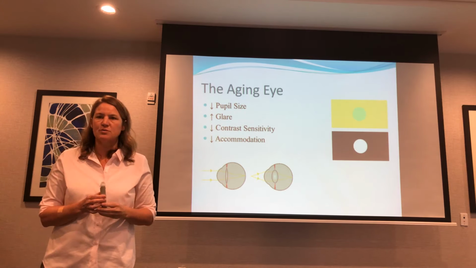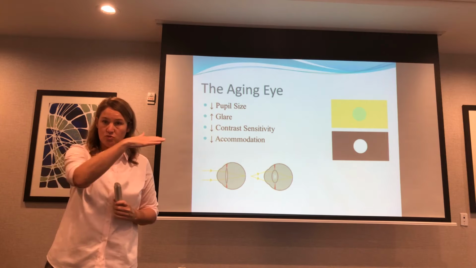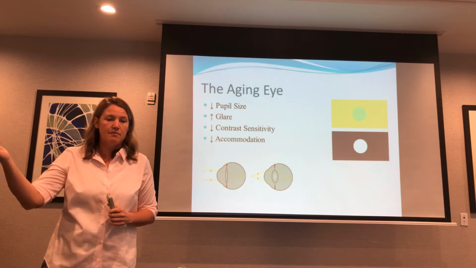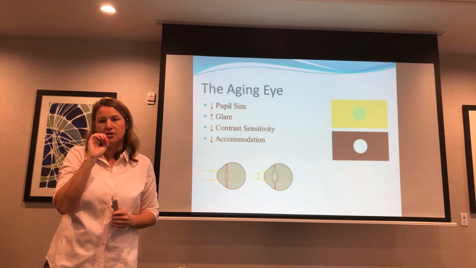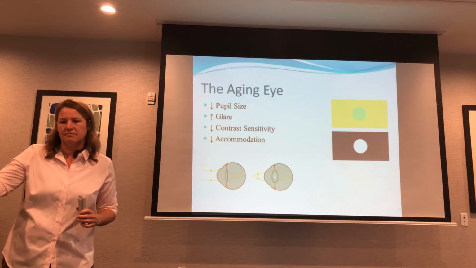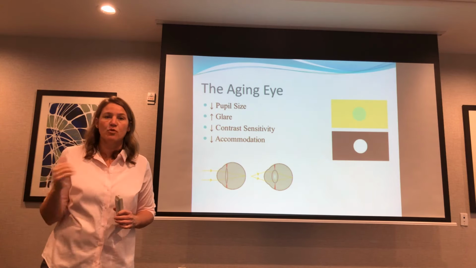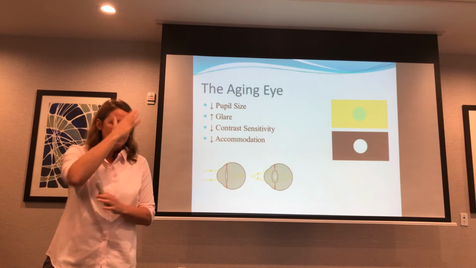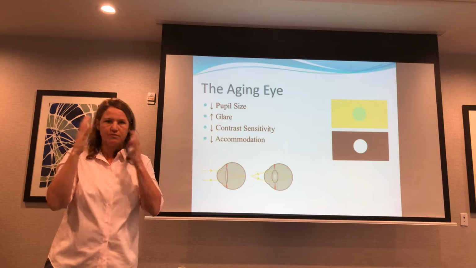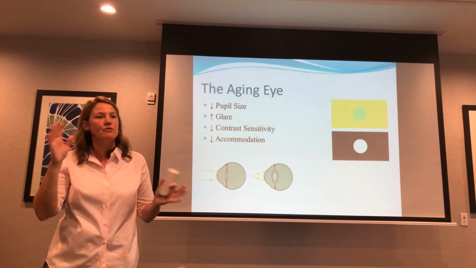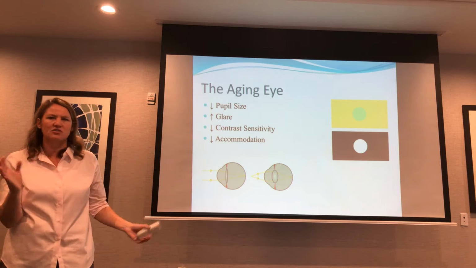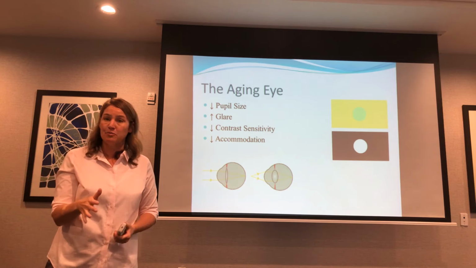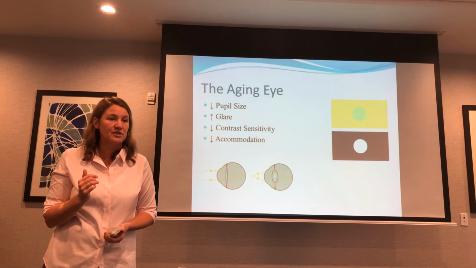And so when you think about how light passes through something, because the lens isn't as clear, then it bends. You have more of a refraction that occurs. So the light goes in, it refracts, and it causes more glare. So a beautiful, well-lit room that's everything shiny and looks just gorgeous to you might be really difficult for someone elderly to see.